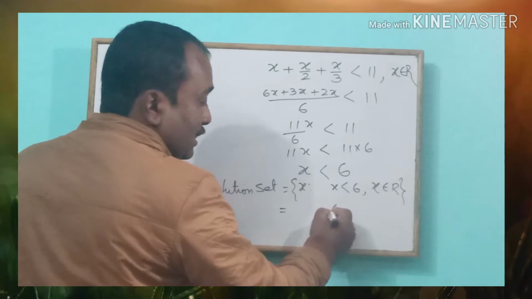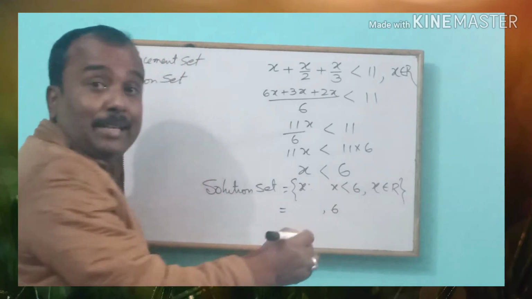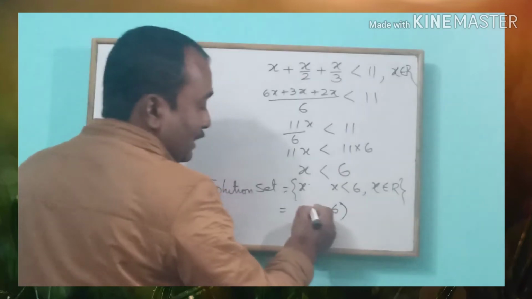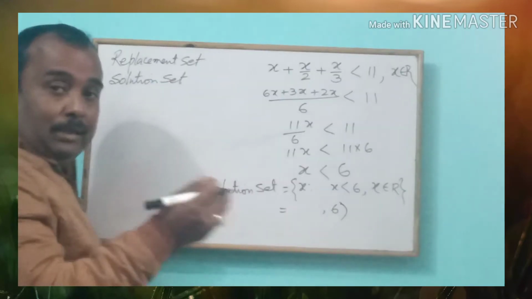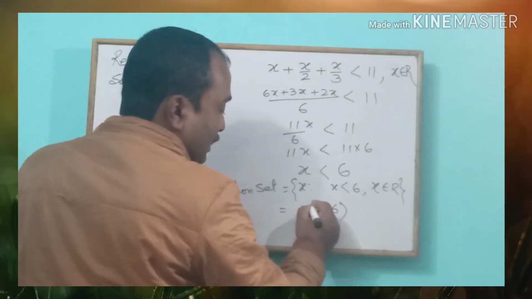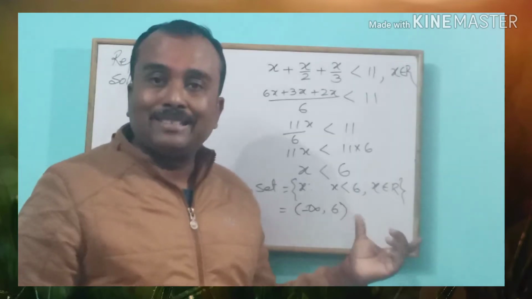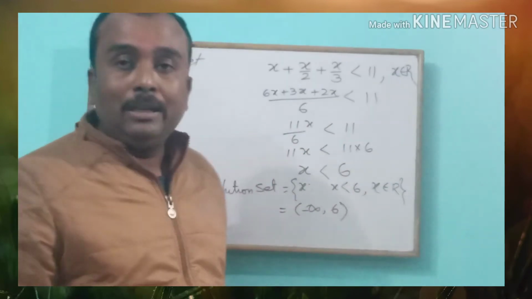So 6 is not included, because it is less than, not less than or equal to. So on the left side, lesser values than 6 go up to minus infinity. So minus infinity to 6 is the range of values of x. This is the solution of this particular inequation.